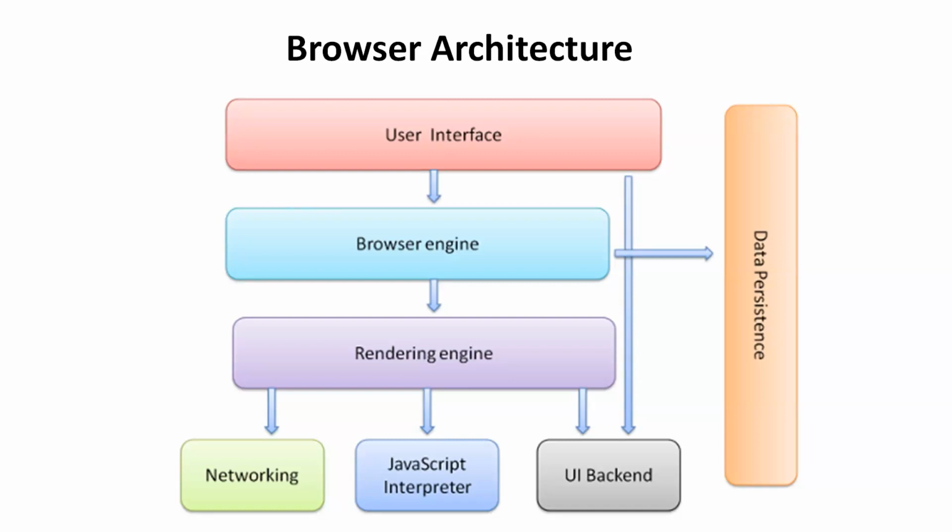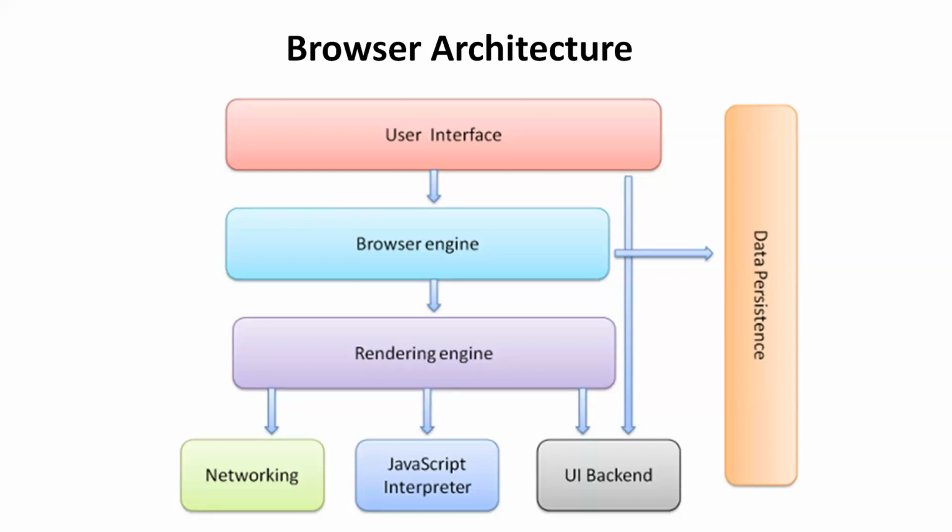You know, browsers have some extensions. A browser contains shortcut buttons like previous, next, back. It contains favorites. All this comes under what? UI. So every browser contains a user interface.